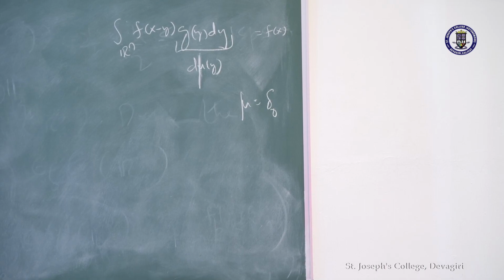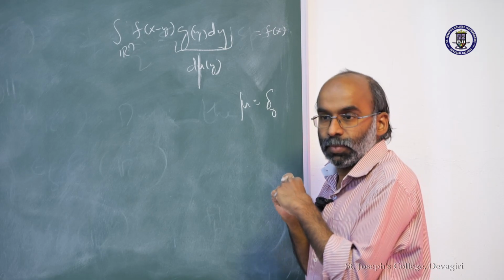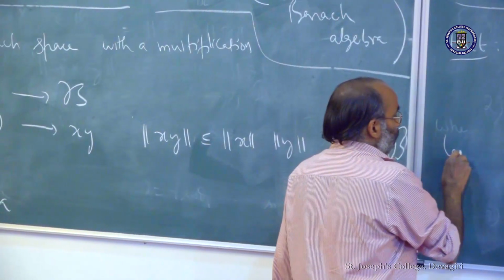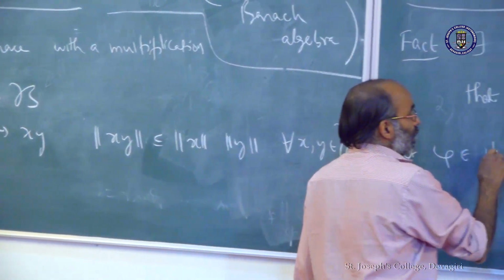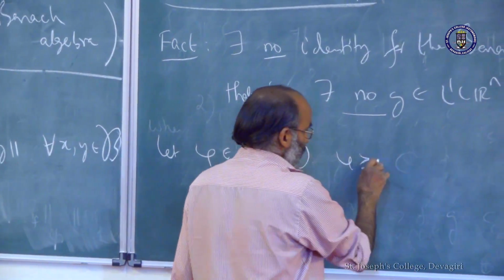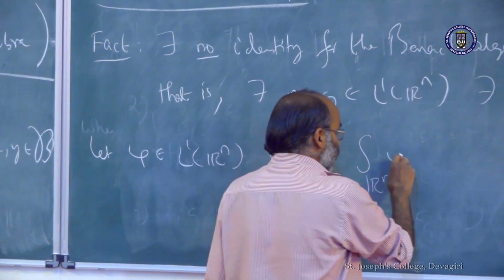But you can get functions which will approximate this measure, and that would be the approximate identity. Let's define that. Let phi be a function in L1. We will take phi positive, it is not necessary, but let's take that, and the integral of phi is 1.